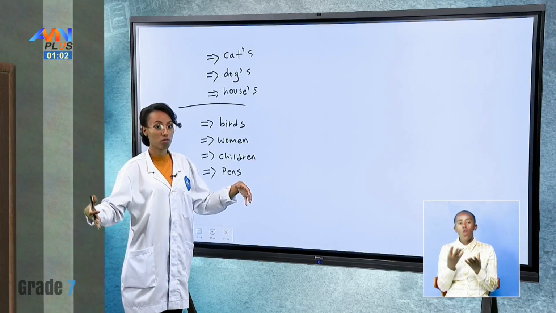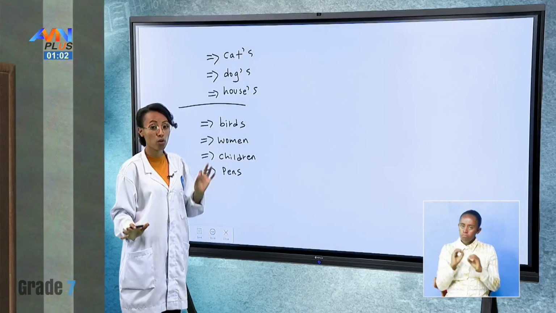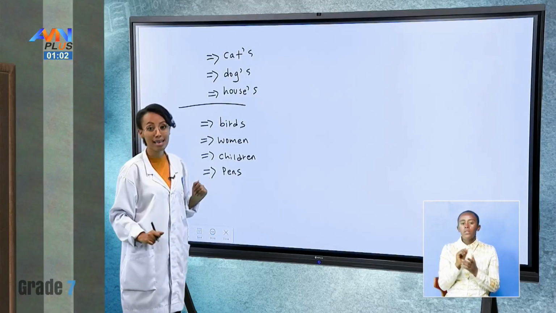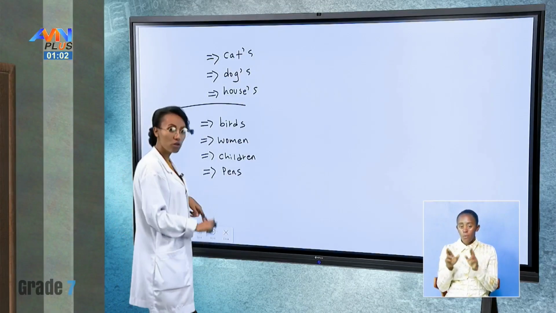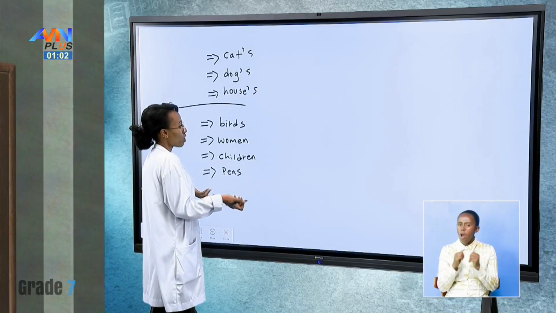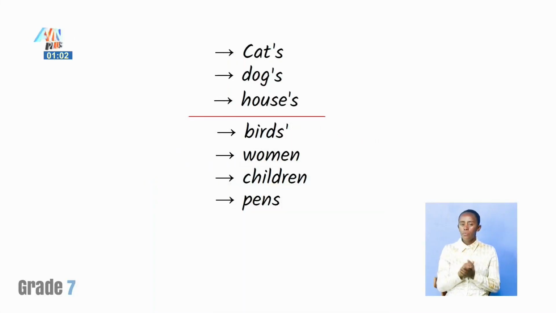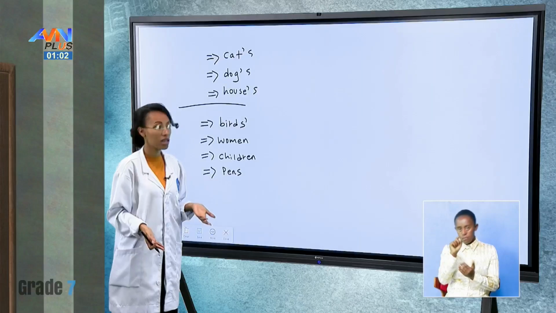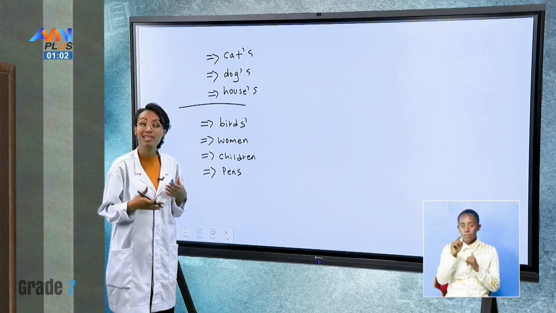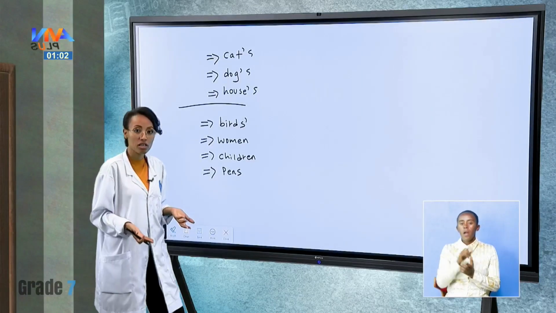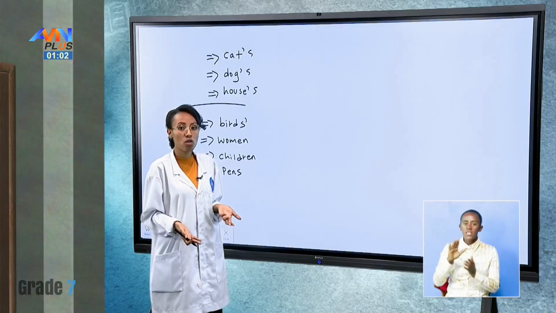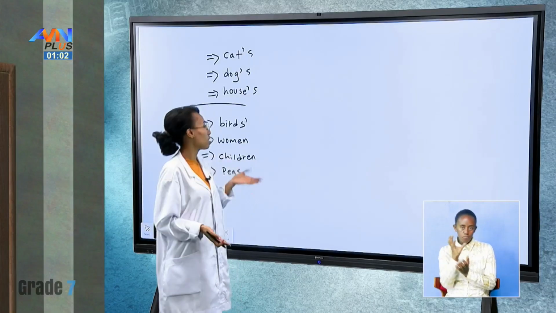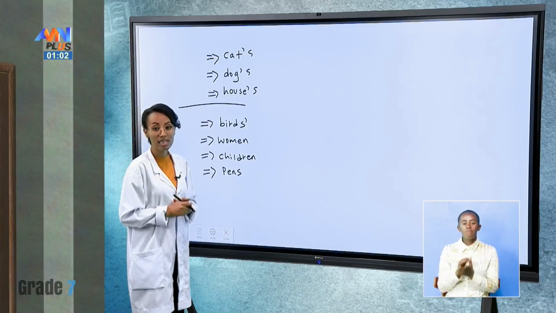Plural. The plural form. It did not change its form, it only added S. So this is a regular plural noun. So how do we use apostrophe? By adding apostrophe finally at the end, we show possession. The bird's nest. So we're showing what? Possession.